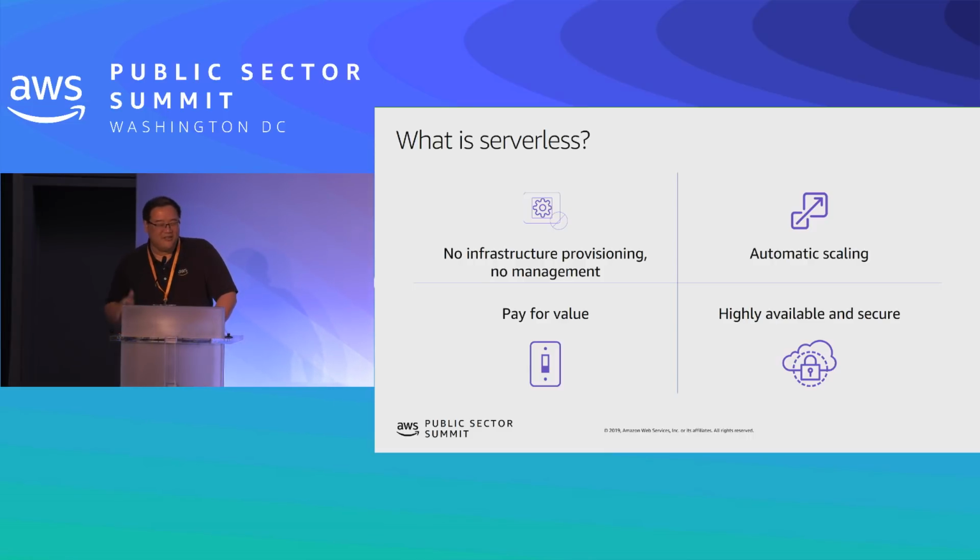So the value prop of serverless computing at AWS is to get you, the customer, to be able to focus more of your time and energy on that unique logic to differentiate your mission without worrying about things like provisioning compute infrastructure underneath, right?